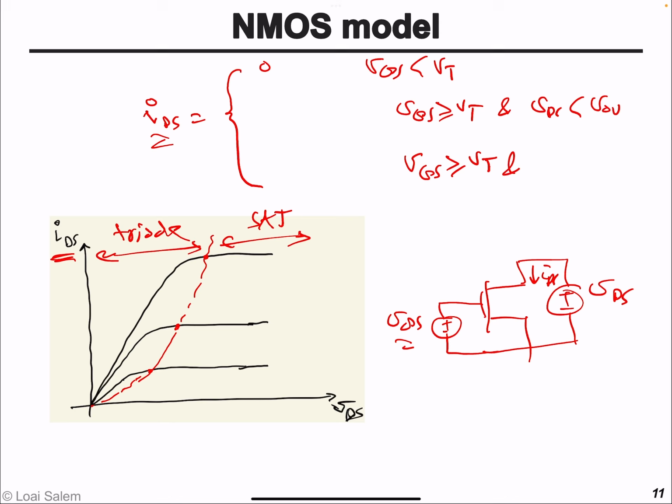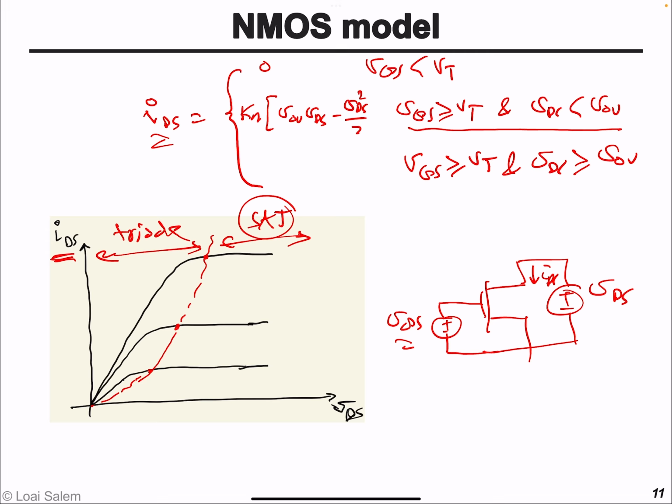On the other hand, if VDS is larger than the overdrive voltage, we are in the saturation region. So in the triode region, the current, as I mentioned, is given by Kn times V overdrive times VDS minus VDS squared divided by 2.